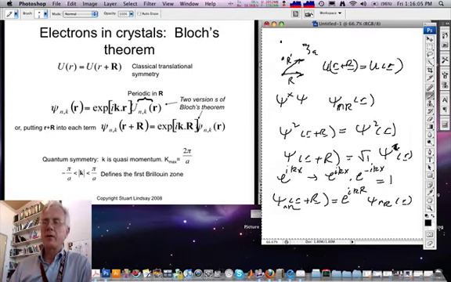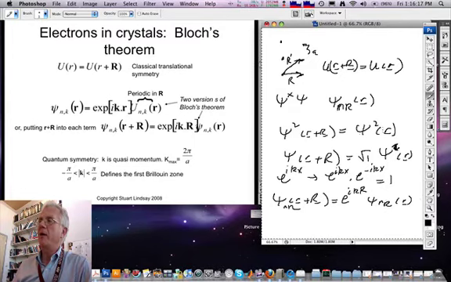This is Bloch's theorem, and this wave function is said to be in the form of a Bloch function. I've stated it two ways here. You'll see on the slide another statement in which we've used little r and a periodic function in r plus R.